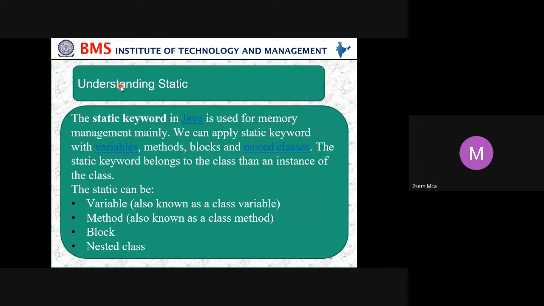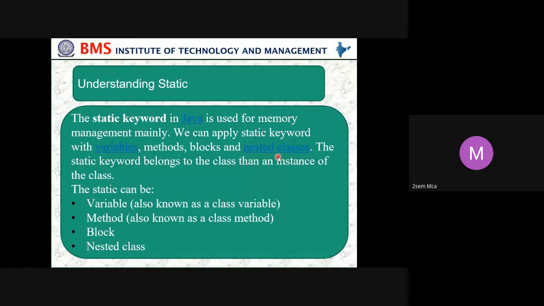Okay, next we move on to understanding the static. We have seen already, but still one more review. The static keyword in Java is used for memory management mainly. We can apply the static keyword with variables, methods, blocks, and nested classes.